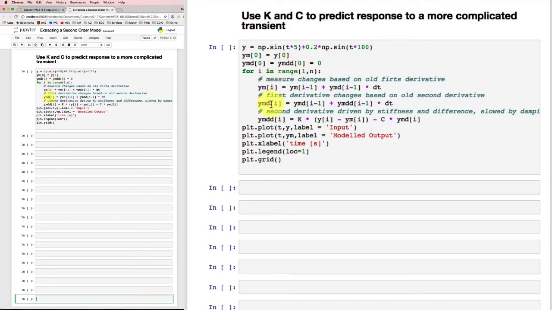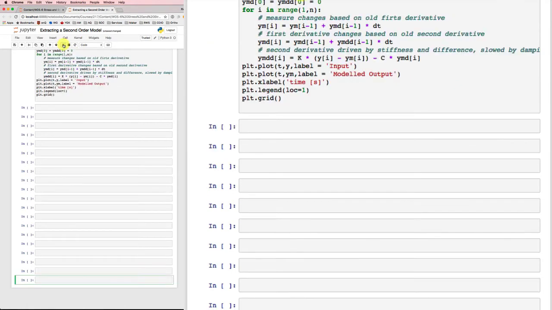I can do exactly the same kind of Euler's method calculation here, where I get the new value equal to the old value plus the derivative of the old value times delta t. And I can plot out the input, that's the quantity that I'm trying to measure, and then the modeled output, and see how our transducer is going to do following it.